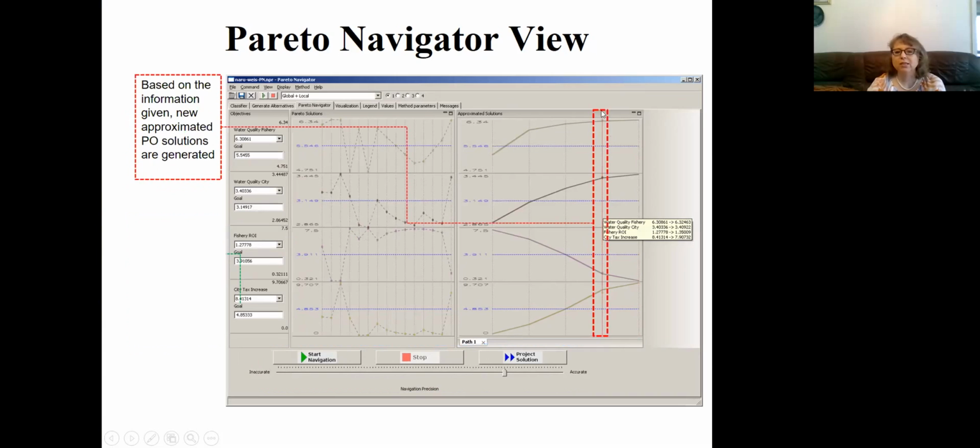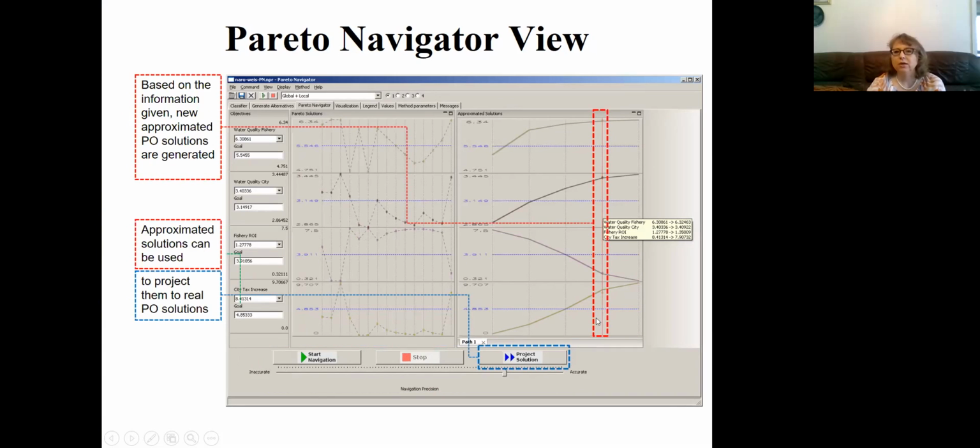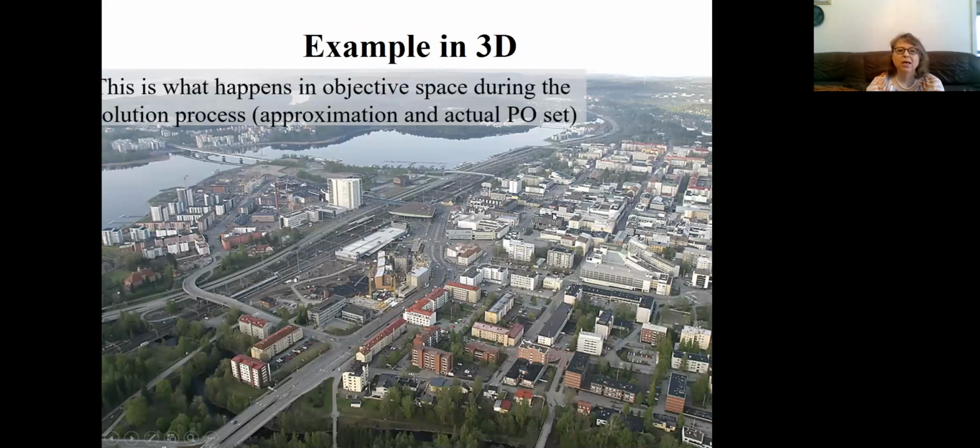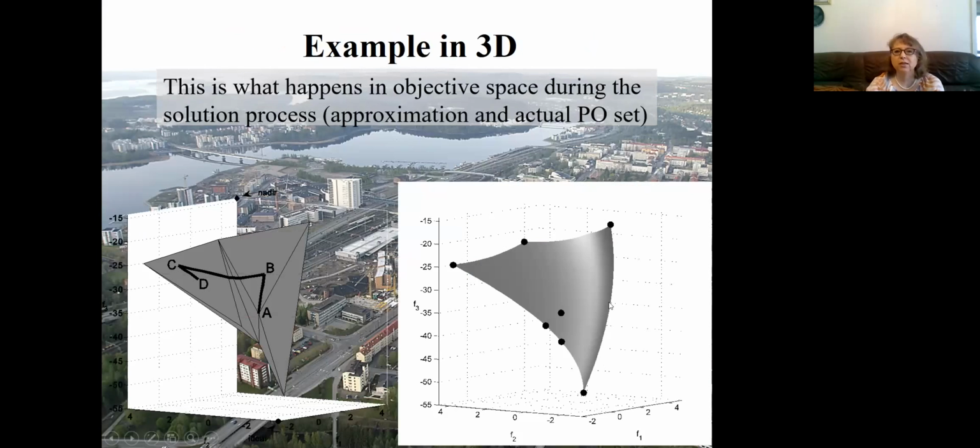And one can always then project the approximated solution to the original objective function values, but this projection might take a little time because then we need to call the original functions. But anyway, this is also possible because, as the name suggests, approximations always involve some error. But here's the idea in brief. In 3D, here we have the set of objective vectors in the objective space.